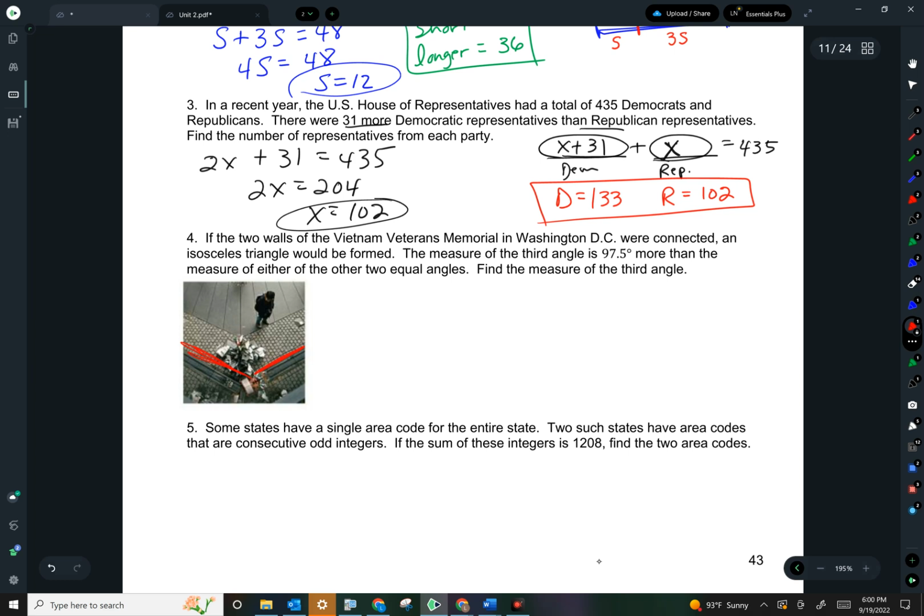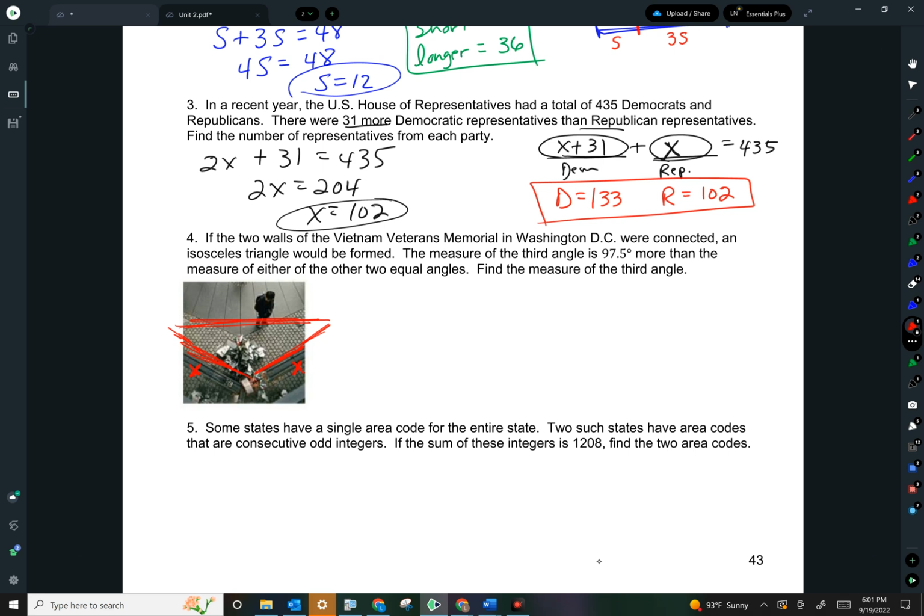They're saying, if you were to connect this side like this into a triangle, it would be an isosceles triangle. What does isosceles mean? Doesn't that mean 2 sides are equal? Just looking at my picture, it seems like these are the 2 sides that are equal, doesn't it? So I'll call both of those X. They're the same.